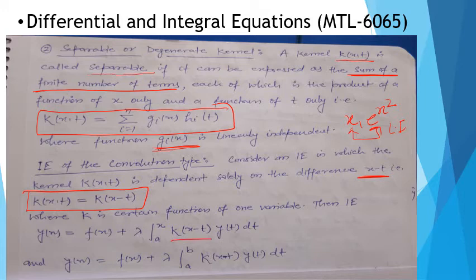Here K(x-t) is the kernel of convolution type, the convolution kernel. Similarly, y(x) = f(x) + lambda integral a to b K(x-t) y(t) dt. The first is a Volterra integral equation and the second is a Fredholm integral equation.